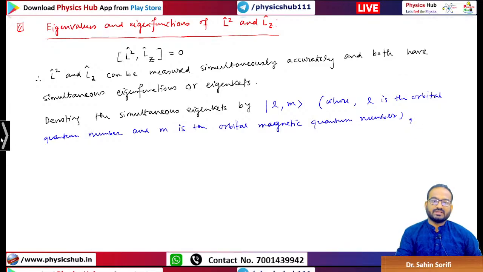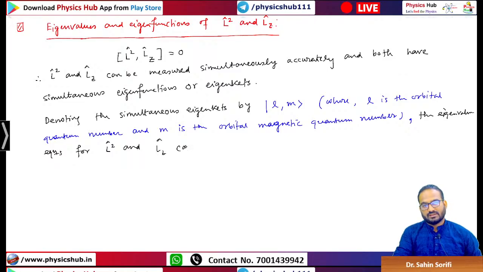So if you take the simultaneous eigenstates to be |l, ml⟩, the eigenvalue equations for L square and Lz can be written as follows. This is very important. How do you write the eigenvalue equations for them?